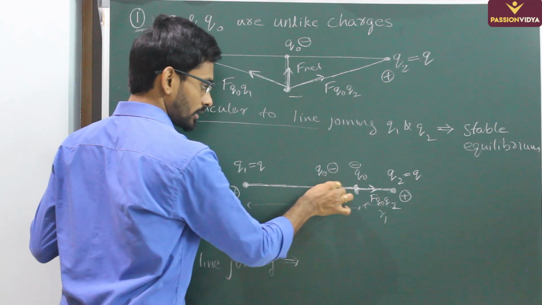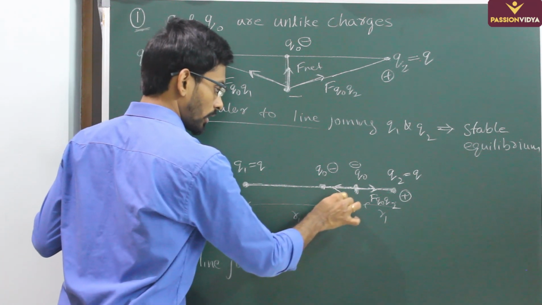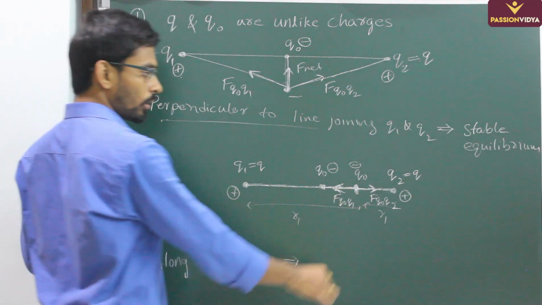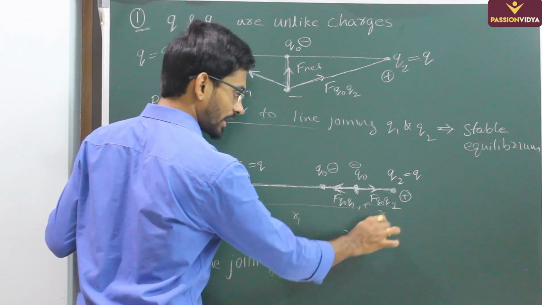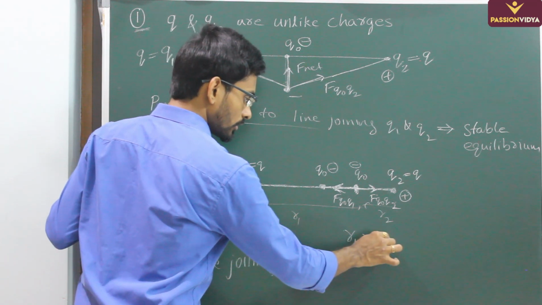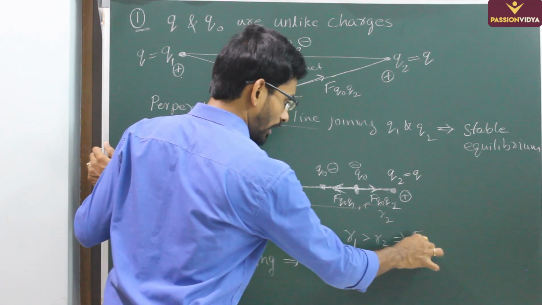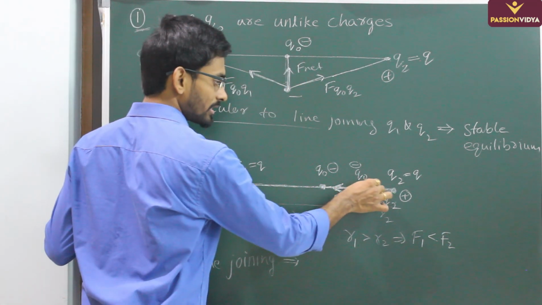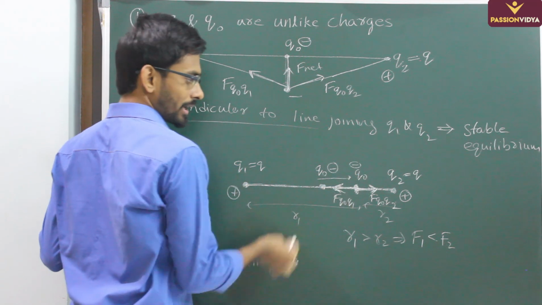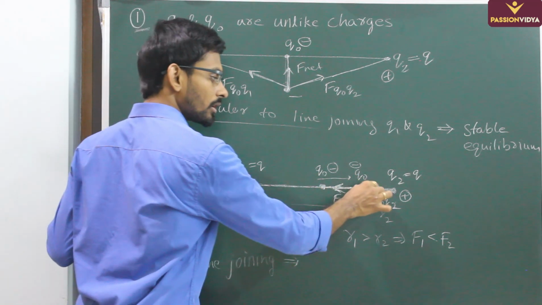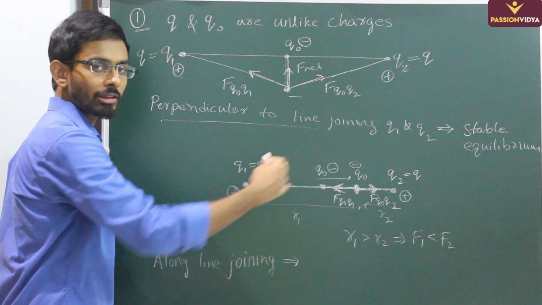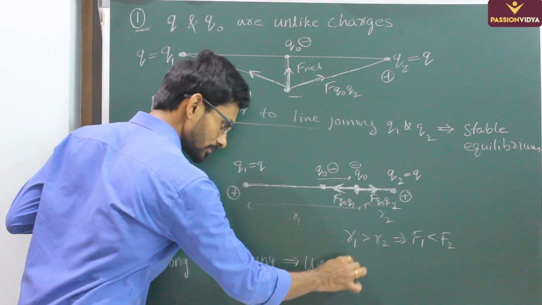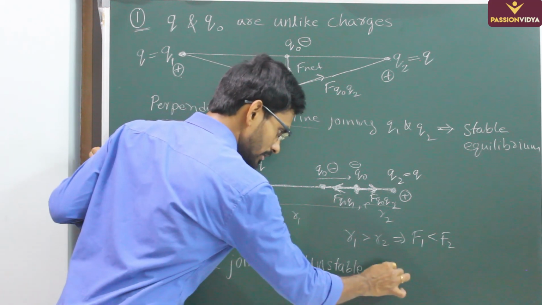Next, the force on q naught due to q1 will be towards left. Now we know r1 is greater than r2. So definitely F1 will be less than F2, means F2 is dominating. So it will be towards right. So when you move the particle towards right, the net force is towards right, means it is moving away from equilibrium. So that implies this is unstable equilibrium.